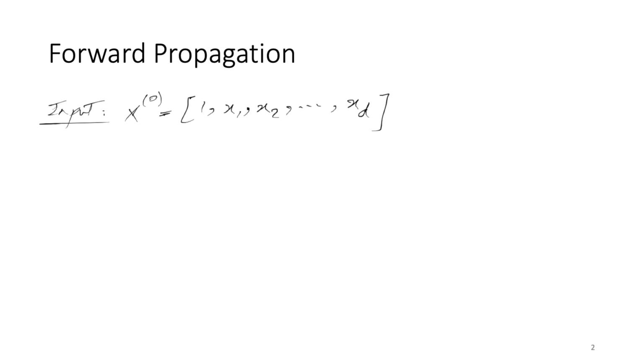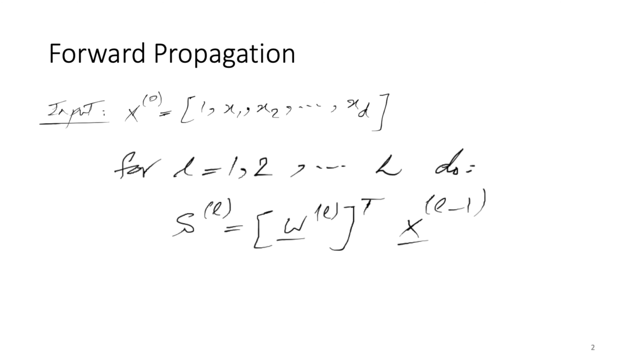All right, so as before, we define our input as x's: 1, x1, x2, up to xd. So we have d-dimensional input. And for all the layers in our network, layer 1, 2, up to capital L, we do the following.